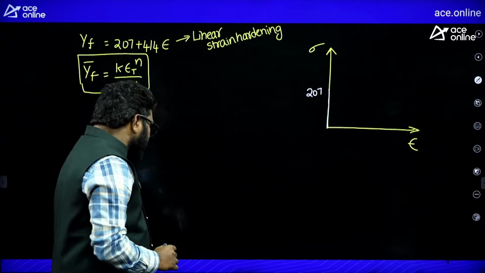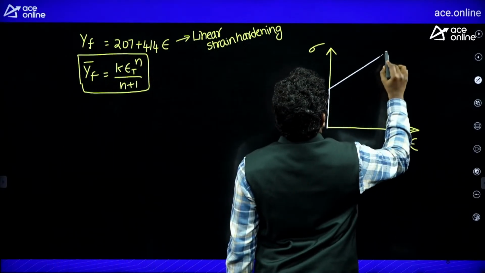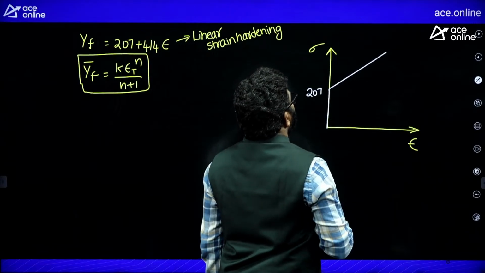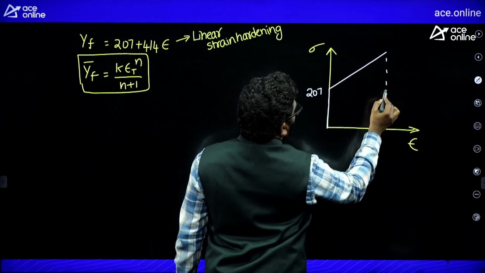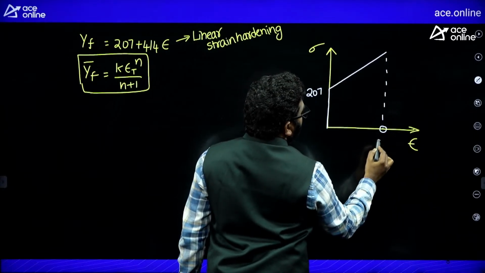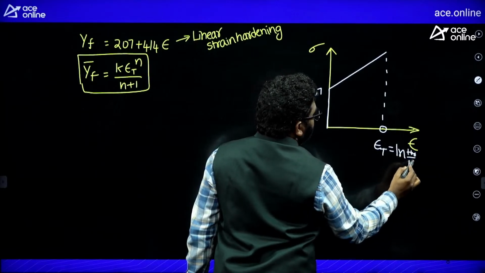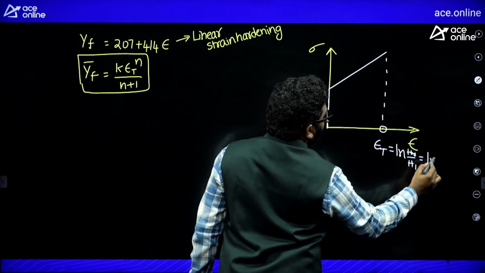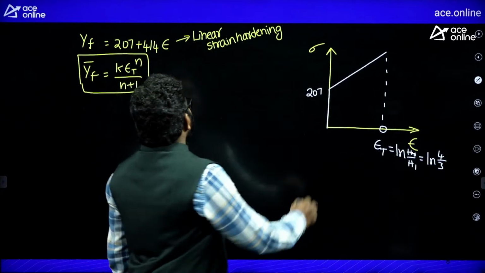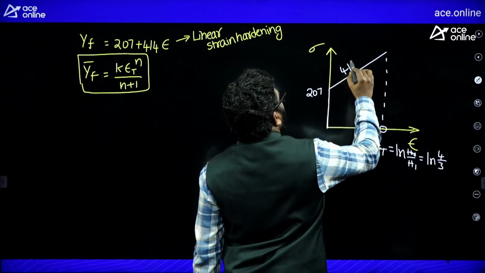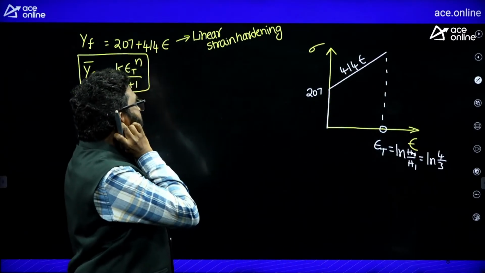From 207, it is a linear line up to this epsilon t, that is epsilon t is equal to ln h naught by h1, that is ln 4 by 3. This is following 414 epsilon.